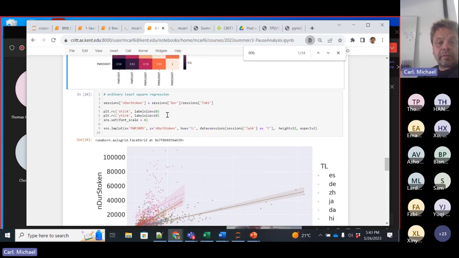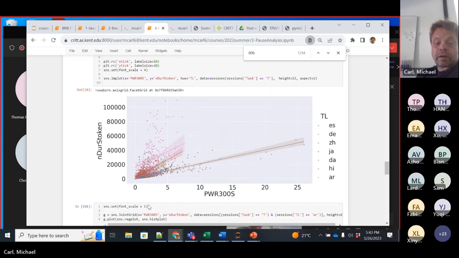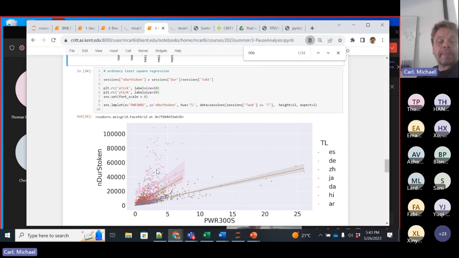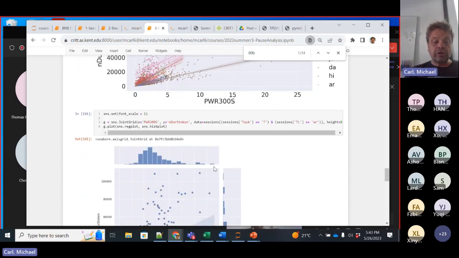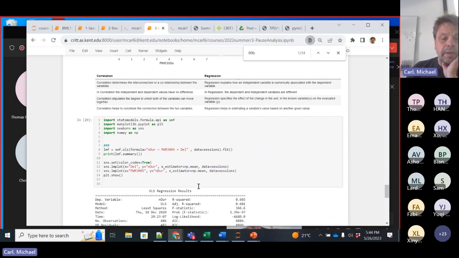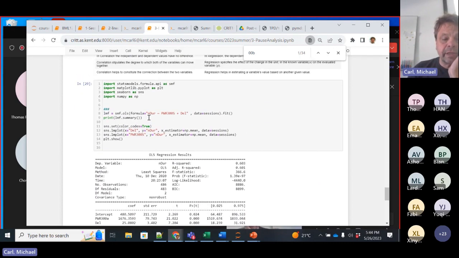Okay, now we can, of course, also relate the pause-to-word ratio and the number of keystrokes. We can see how pause-to-word ratio correlates with the number of keystrokes, and we can go through the same analysis that we did before.